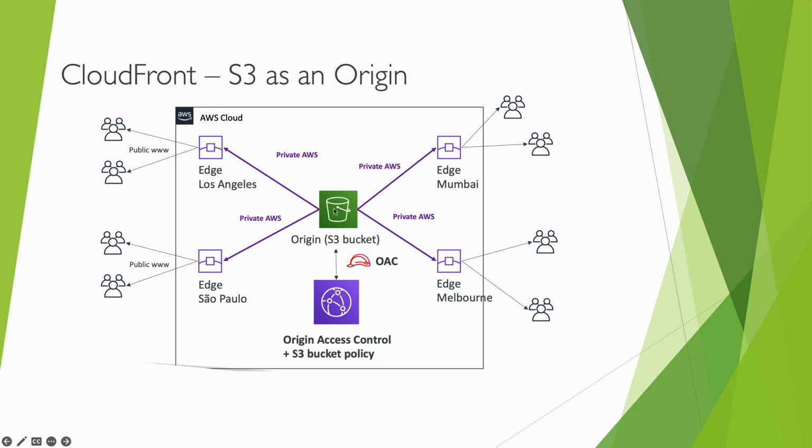The communication between the S3 bucket and the edge location is very fast because it is using the private AWS network. Through this private AWS network, without any internet, it will put the data in this edge location very quickly. And when the user is trying to get the data from the edge location, it is anyway nearby their location, so there won't be any latency for the user to get the data.